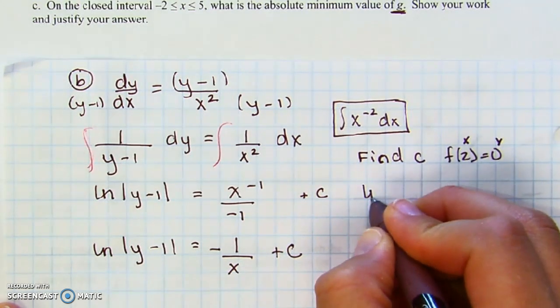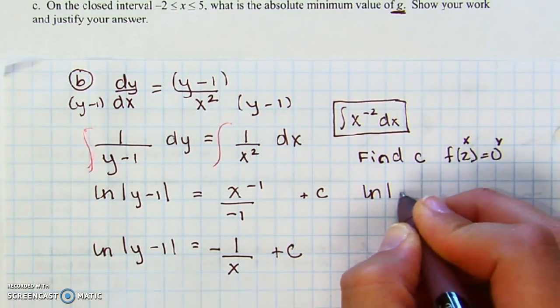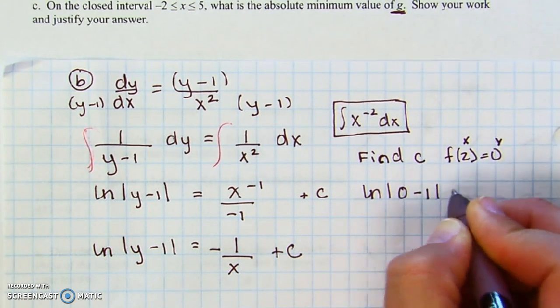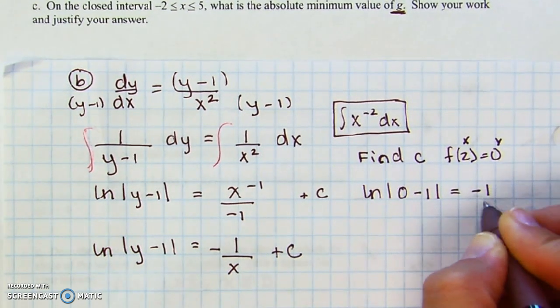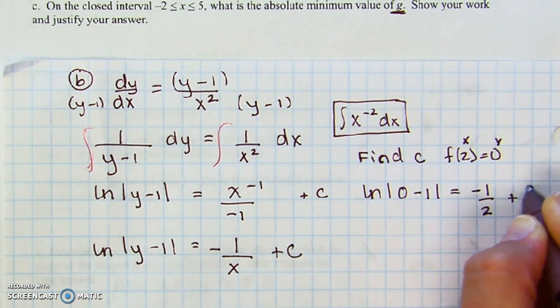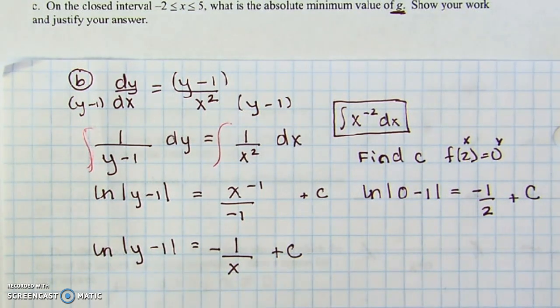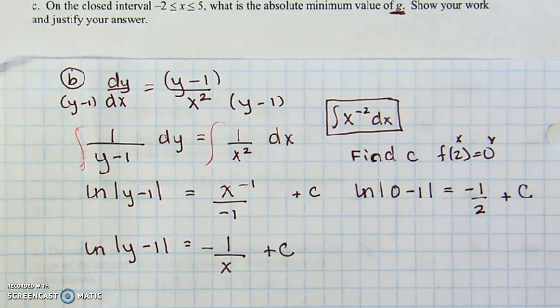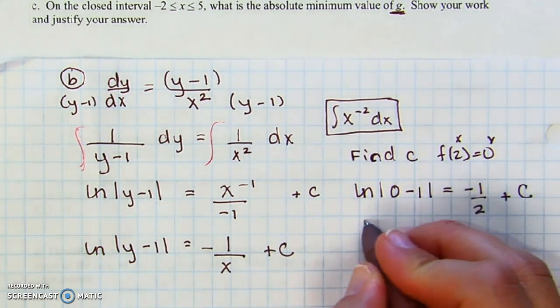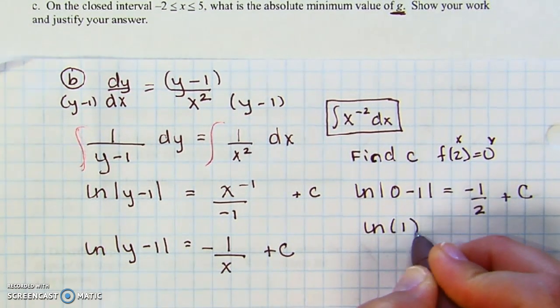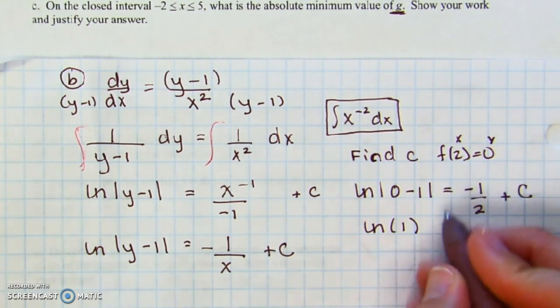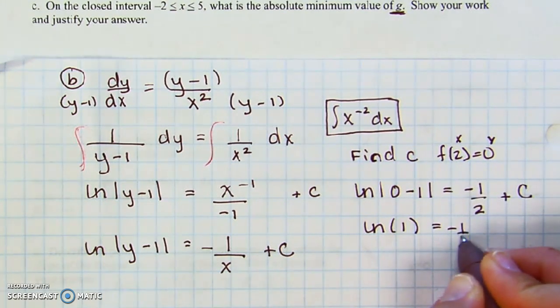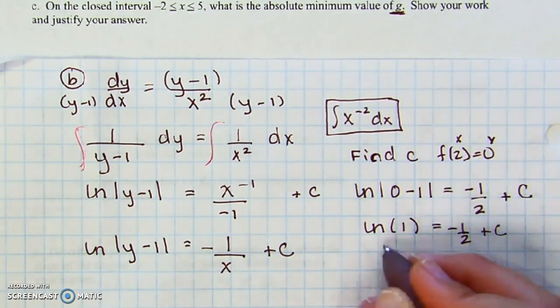So we have the ln, the natural log, of 0 minus 1 equals negative 1 over 2 plus c. See why the absolute value is there now? So now we have the ln of 1 because we have the absolute value of negative 1 equals negative 1/2 plus c. What is the ln of 1?